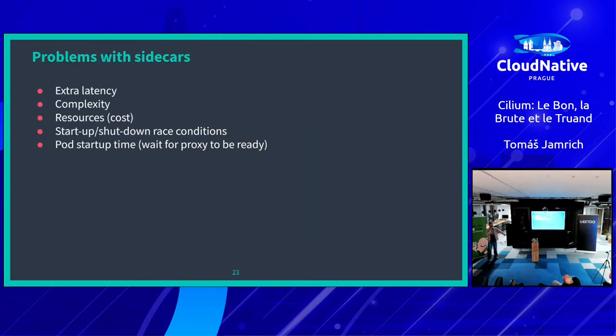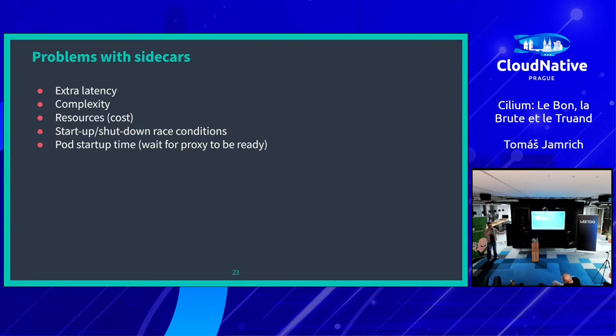The problems that a sidecar causes are extra latency. You have a longer network communication path, so it takes some time. They can be pretty complex. The most significant con is that they eat up pretty much all of your resources, because imagine that every single pod you have deployed in your cluster has its own sidecar.